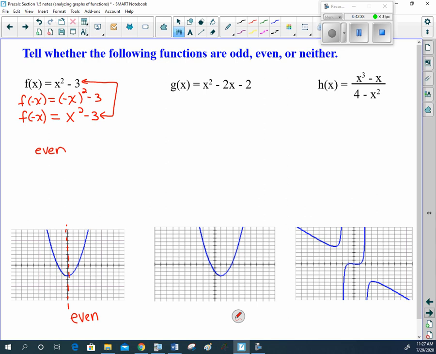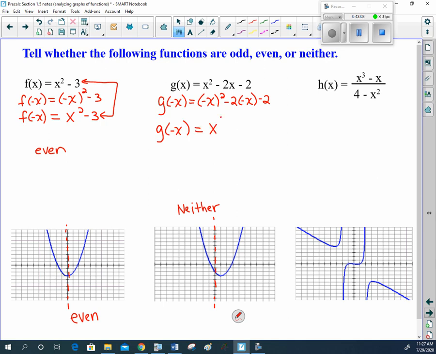Okay, over here, here's the y-axis. That is not symmetric with the y-axis, so I think it's neither. All right, let's see how that looks algebraically. So g of negative x, so I'm going to put a negative x squared minus 2 times the negative x minus 2. And then we're going to go ahead and do the algebra on that.